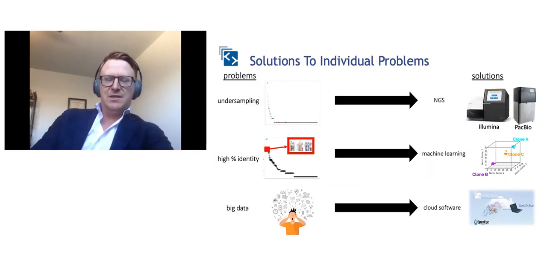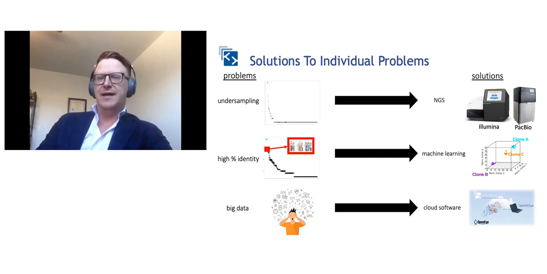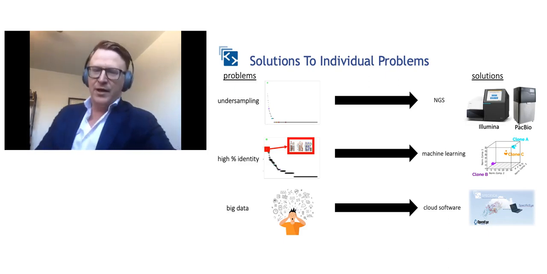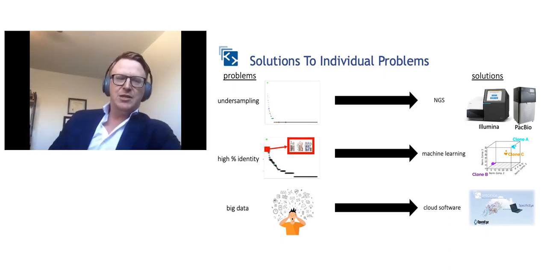So to overcome these limitations of undersampling, high percent identity, or big data, we employ next generation sequencing. Obviously, this will fix an undersampling issue. You get far more bang for the buck. You can get 2 million sequences from a PacBio, or up to 10 million sequences from Illumina, which is giving you a lot more sampled information.